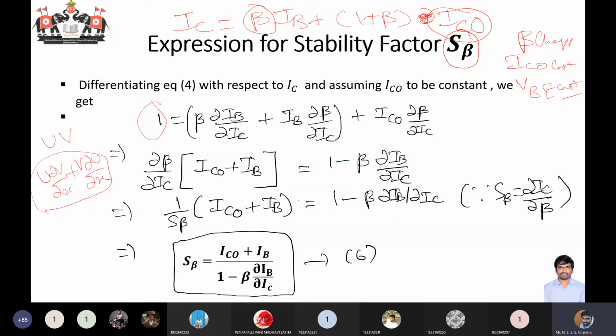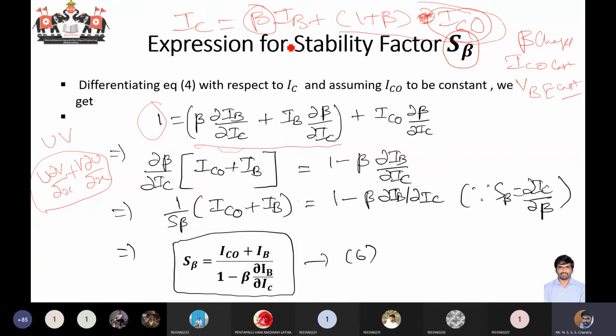Same thing we are going to do. First we keep beta as constant, so beta into, we differentiate IB with respect to IC, so it is ∂IB by ∂IC. And then we keep IB, write it over here, and differentiate beta with respect to IC, that is ∂beta by ∂IC.